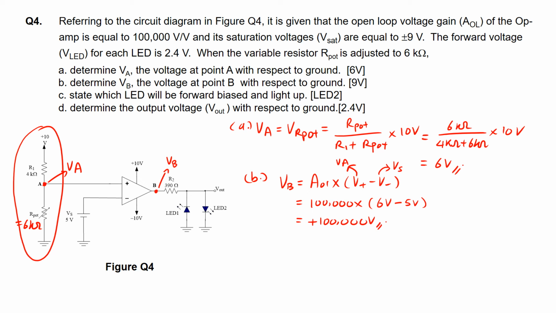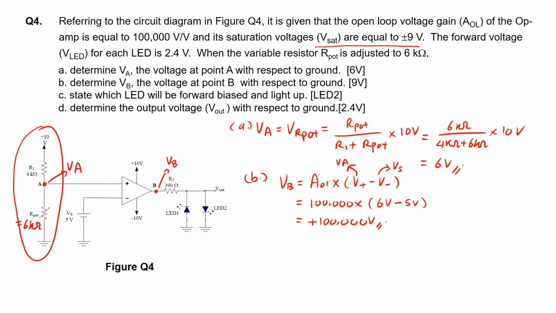Now this output value at the output terminal of the op-amp is very large at 100,000 volts. We are also given the saturation voltage of this op-amp as plus or minus 9 volts.